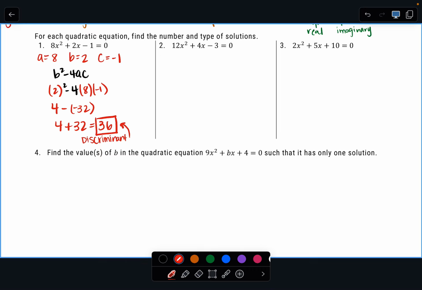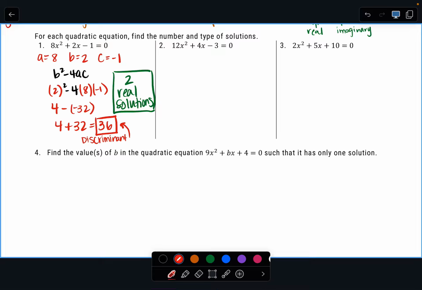So since it's a positive number, what type of solutions do I have? 2 real solutions. And that is my answer. So all we're doing is plugging in to b squared minus 4ac.